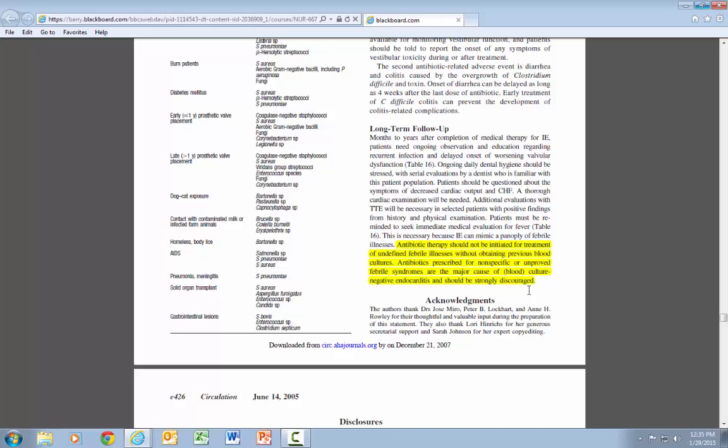GI tract, even though you might think endoscopy and colonoscopy would be invasive procedures, so far the American Heart Association has not been able to identify any GI procedure that the patient might be at risk for bleeding, unless the procedure is done during the endocarditis period.